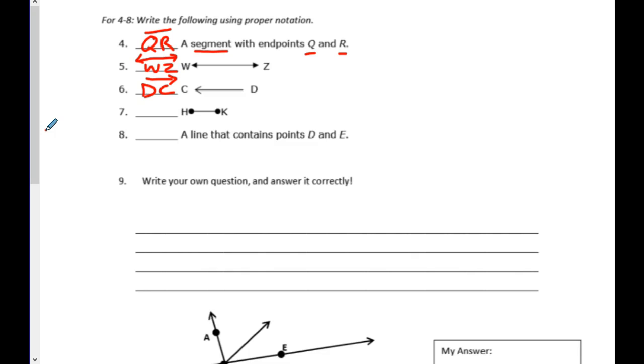It is a segment. Put my 2 letters, my endpoints, H, K, and a segment on top. 8 tells us exactly what it is. It is a line. So I'm going to use those 2 letters, D-E, and on top I've got to make sure it's my line. It's 2 arrowheads. Okay?